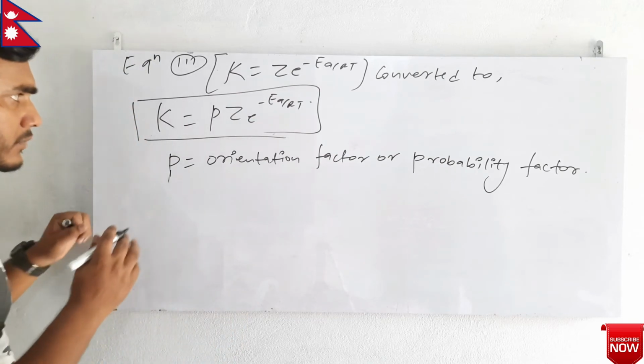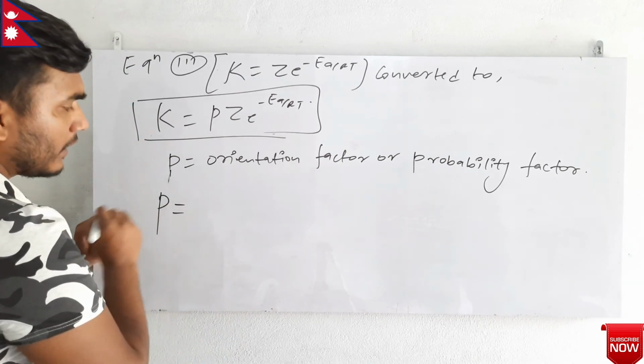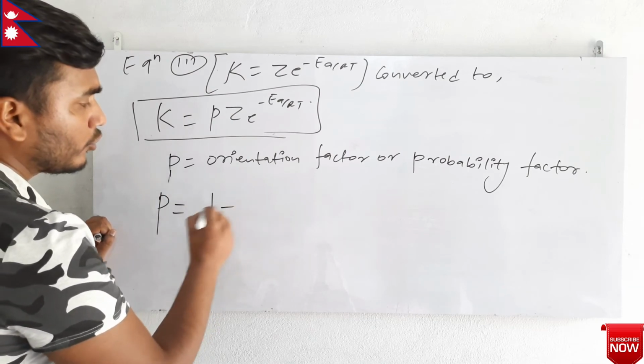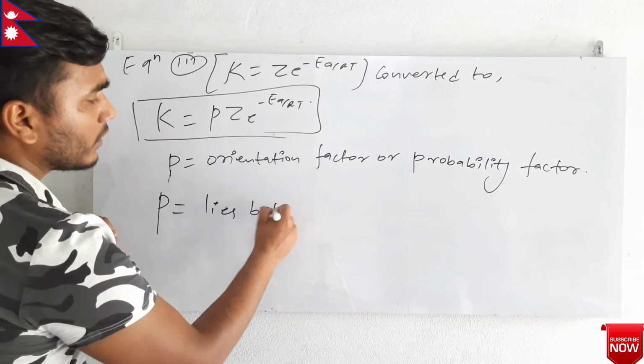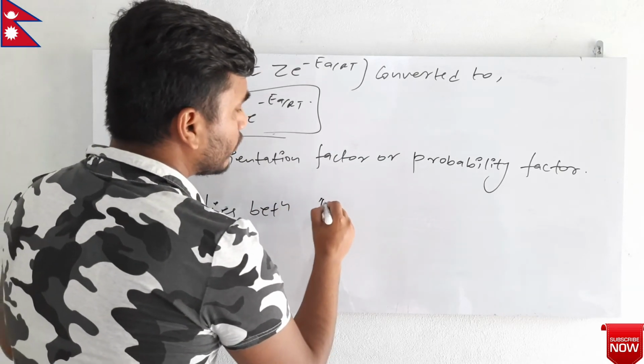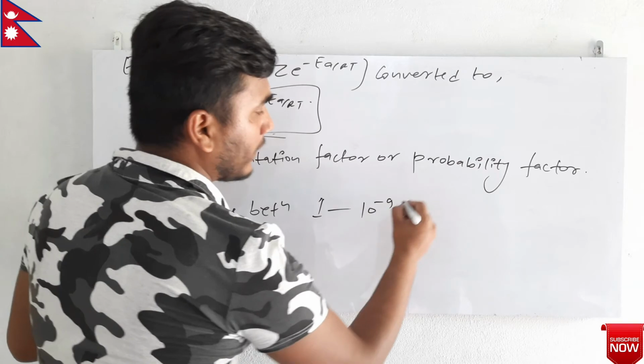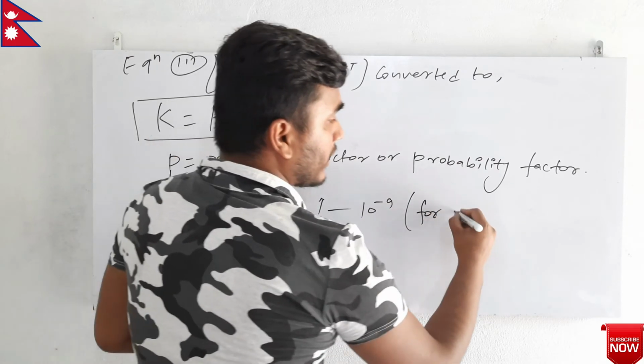Now the value of P lies between 1 and 10 to the power minus 9 for non-chain reaction.